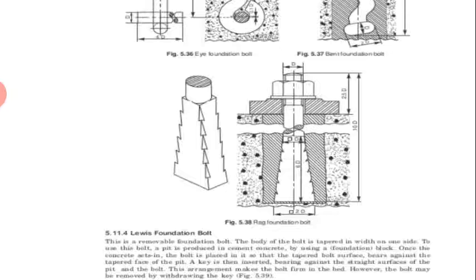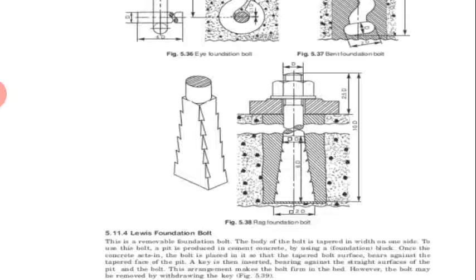To use this bolt, a pit is produced in cement concrete by using a foundation block. Once the concrete sets in, the bolt is placed in it so that the tapered bolt surface bears against the tapered face of the pit.